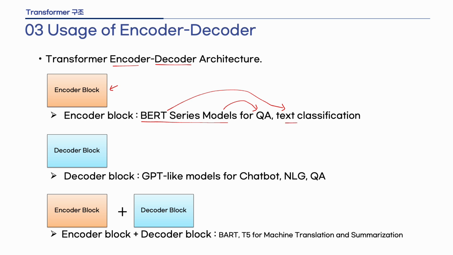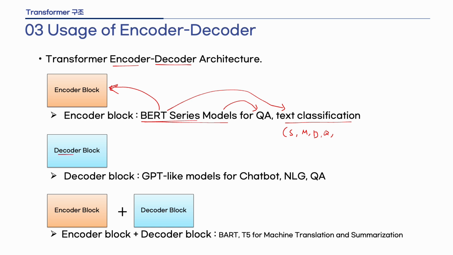This text classification includes sentiment analysis, morphological analysis, dependency parsing, question answering, and so on. There are tons of natural language processing applications that use BERT-like models, and these models use only encoder blocks.